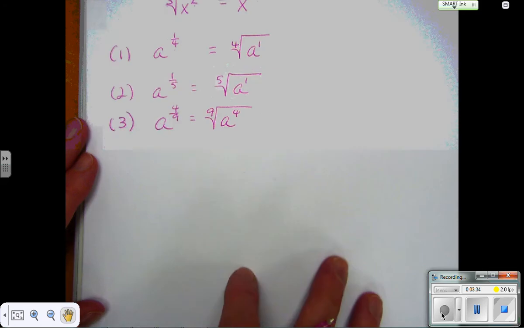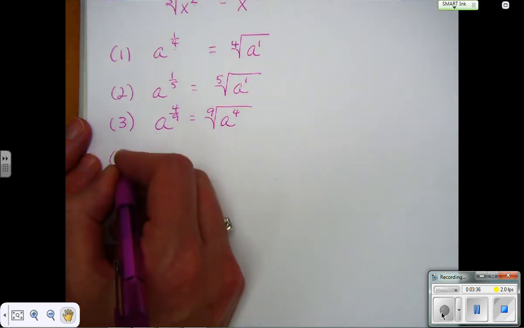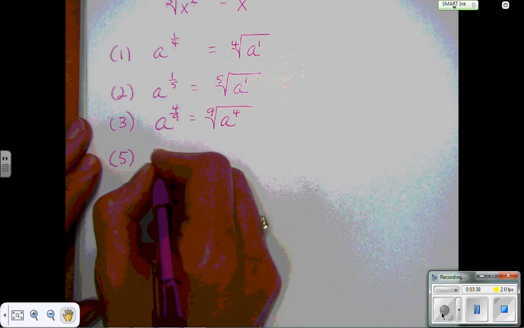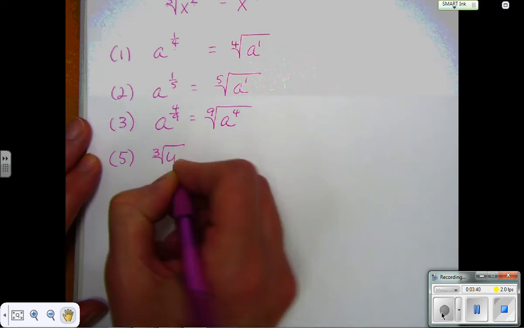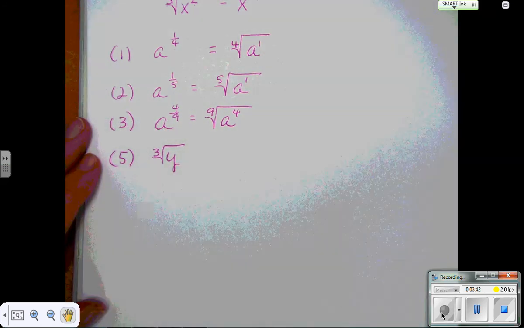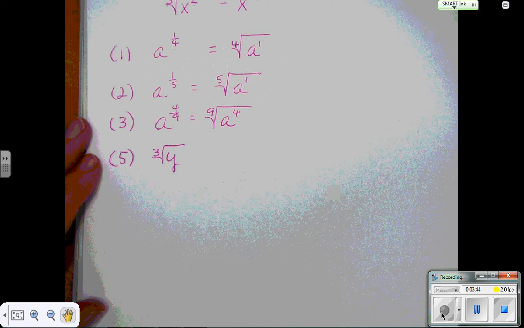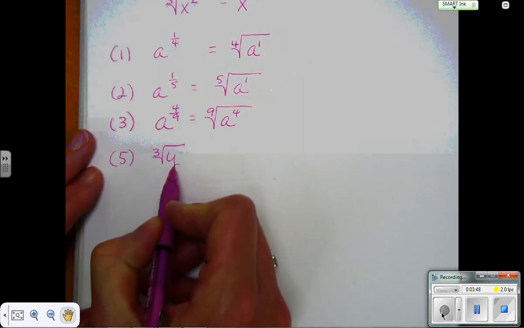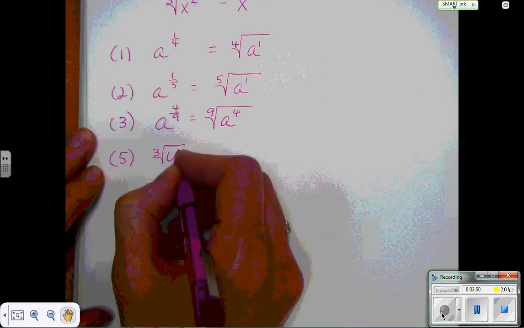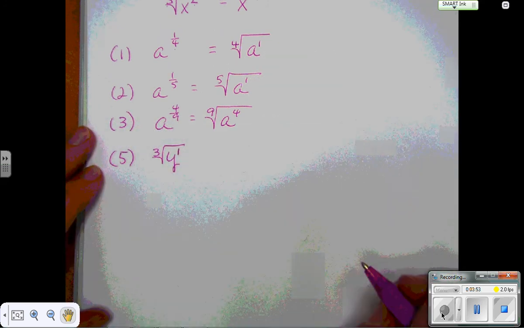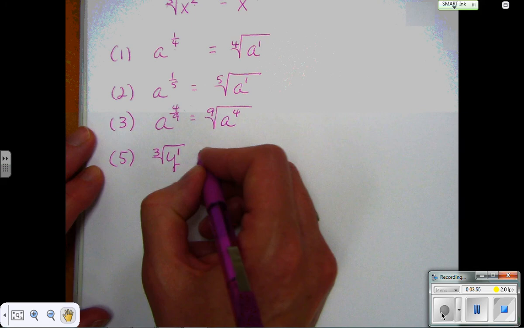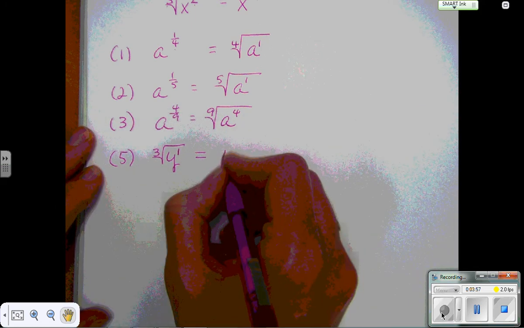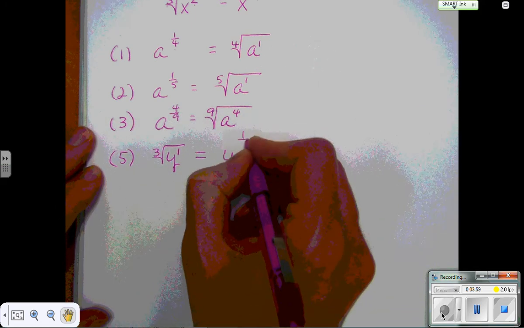So on number 5, they're giving us a radical, and we want to write it as a rational exponent. So the power for the y right now inside the radical is the first power. It's not written there, so it's understood to be the first power. So to write that in rational form, I'm going to have y to the 1/3 exponent.